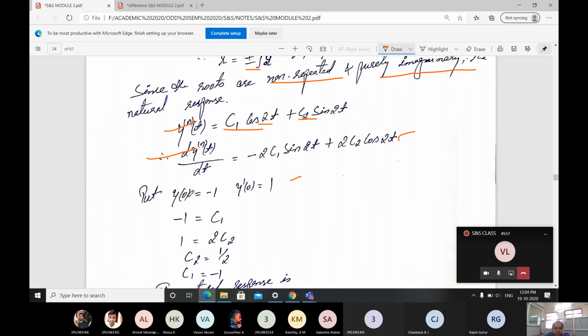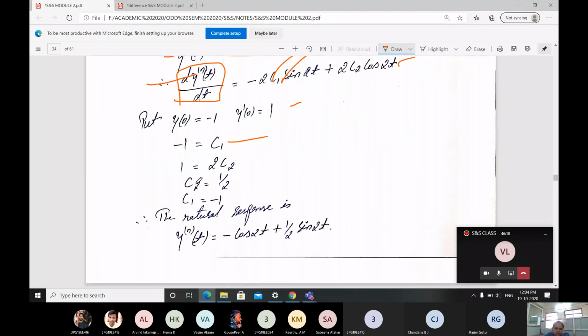So y of 0 is given as minus 1, so minus 1 is going to be equal to c1. Then when I substitute here, t is going to be 0, then we will be getting 2 c2, because sin is going to be 0, both will be going to 0 only, right?